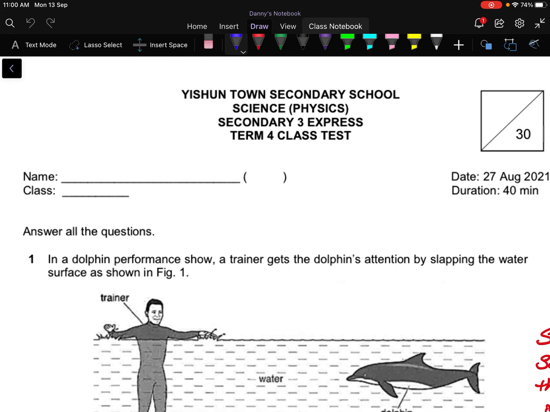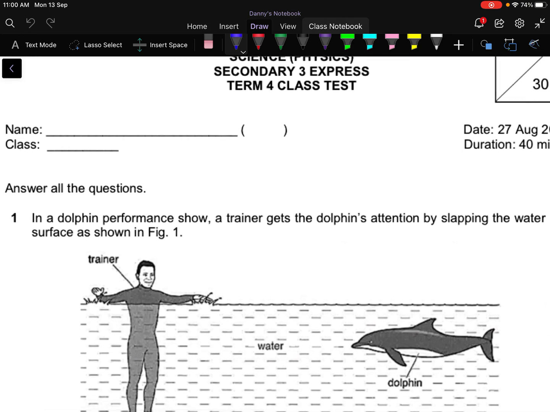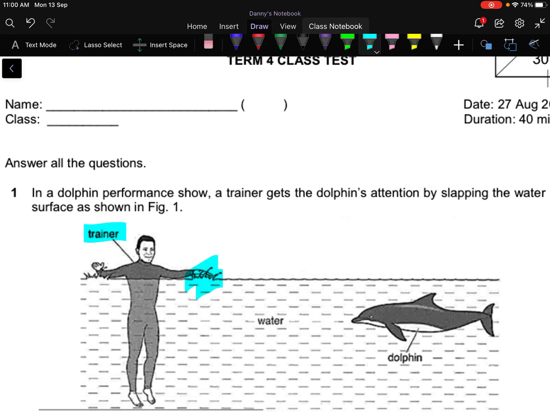Okay, let's begin. For question 1, it is a question on sound. The question is trying to tell you that there is this fellow, the trainer. He is tapping on the water to make sound, and the sound will travel to the dolphin.